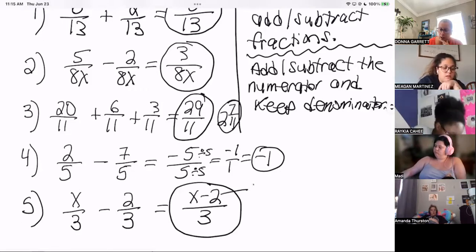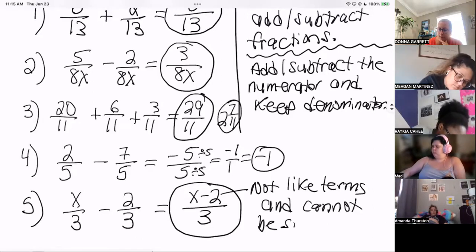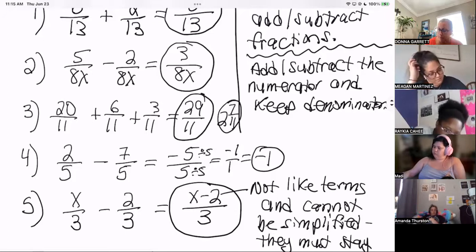These are not like terms and cannot be simplified. You have to keep them separate. They must stay separated.